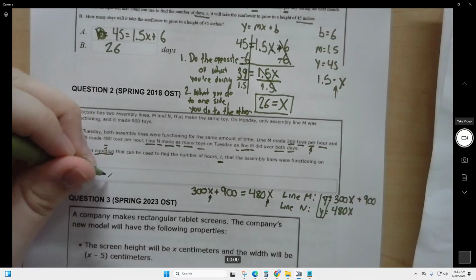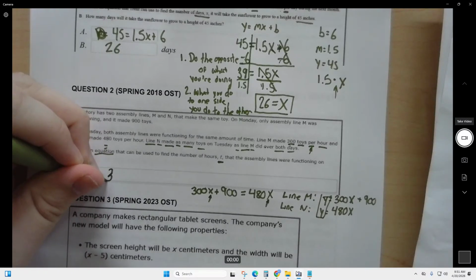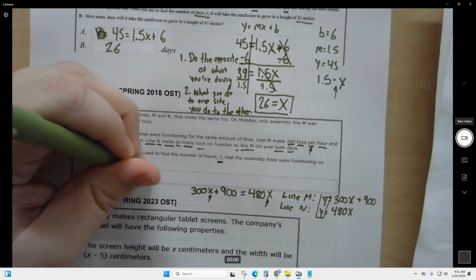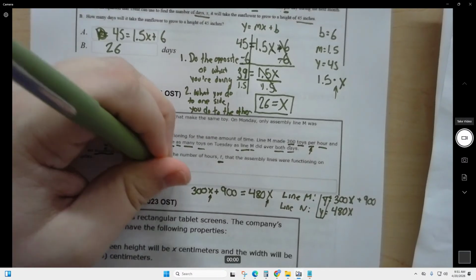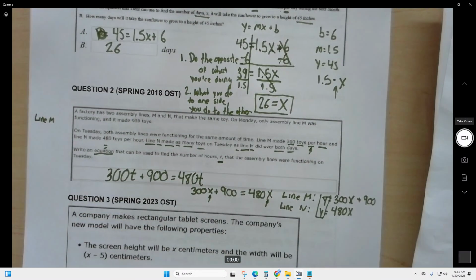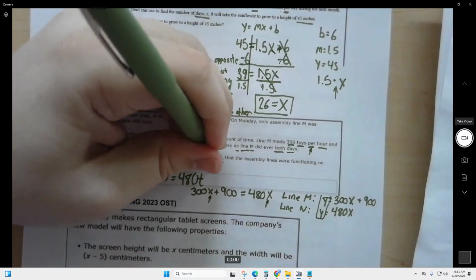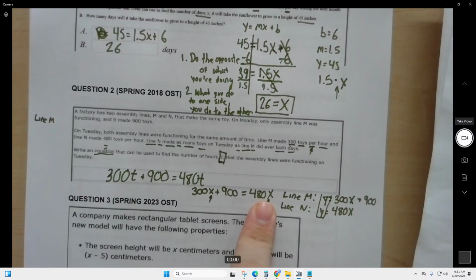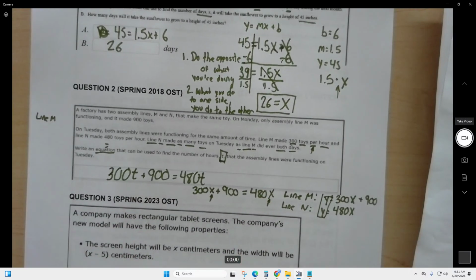They tell you that x is T. So this has to be 300T plus 900 equals 480T. If they give you the letter, you must use that letter. It is not optional. You cannot put 300x, 480x. It has to be T. It's not optional.